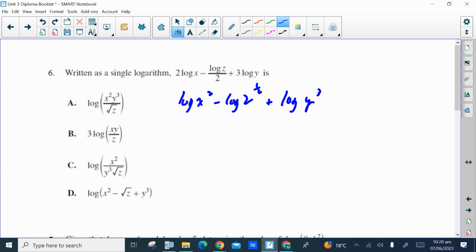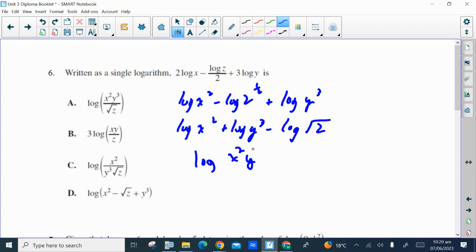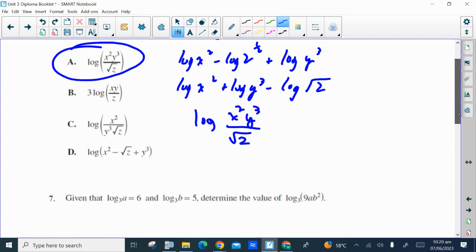So I would put the positive terms together. And the log of z to the power a half would be the log of the root of z. And so now when we use the laws of logarithms and write this as a single log, it'll be x squared times y cubed over the root of z, which is answer A. That's where it came from.